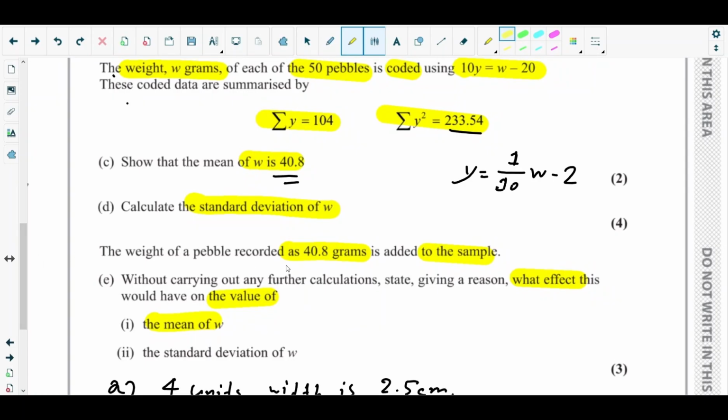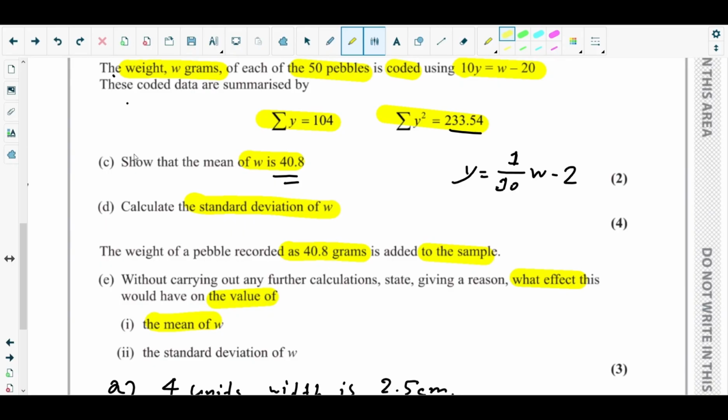So the new pebble has the same weight as the mean of the whole data. That means adding this value into the data will not change the mean.